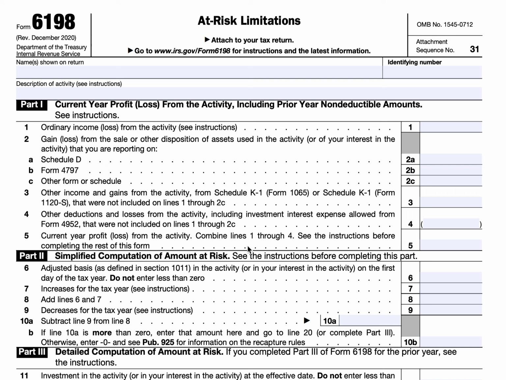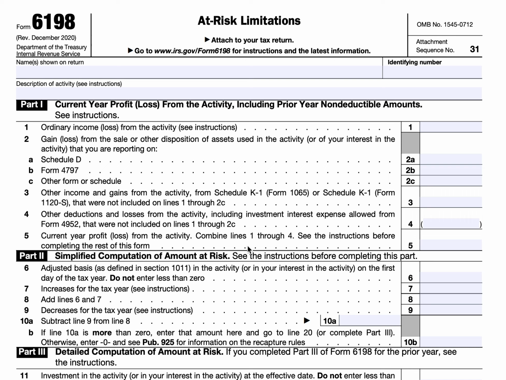However, we probably need to go into a little bit more detail to understand what at-risk limitations mean, which means that we should probably talk a little bit about what at-risk activities are and how to define amounts that are not at risk.